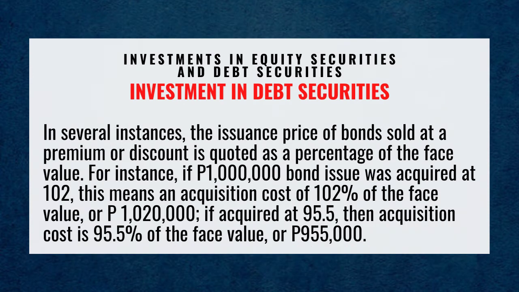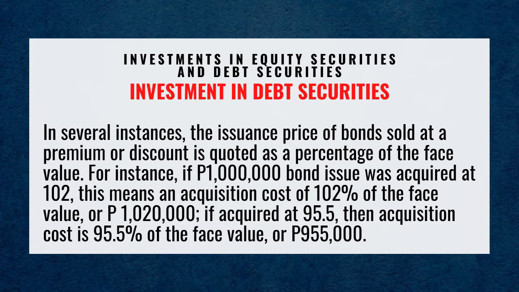In several instances, the issuance price of bonds sold at a premium or discount is quoted as a percentage of the face value. For instance, if a 1 million bond issue was acquired at 102, this means that the acquisition cost is 102% of the face value, or 1,020,000 pesos.